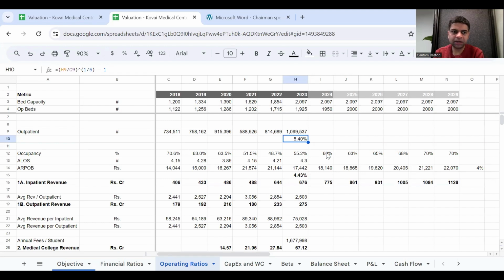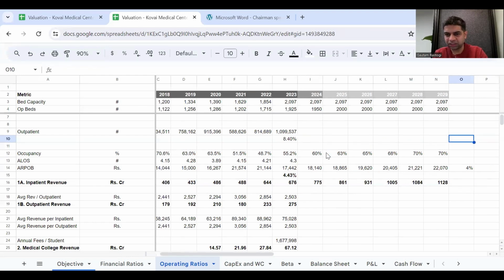With investment in new age technology across multiple medical disciplines, this hospital will continue to attract patients. And at the risk of repeating myself, given the medical college is now operational, you'll have more people flocking in, because it offers treatments at a reduced price. Any which way, let me assume slightly lower, like 8%.